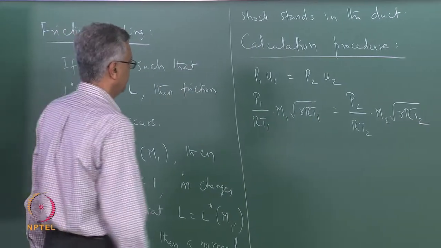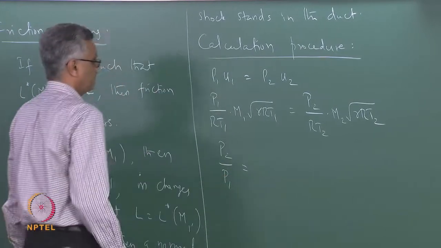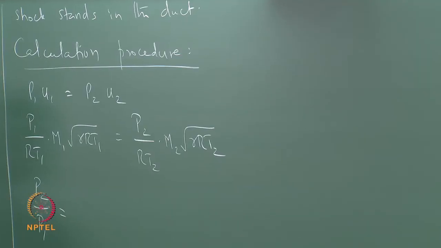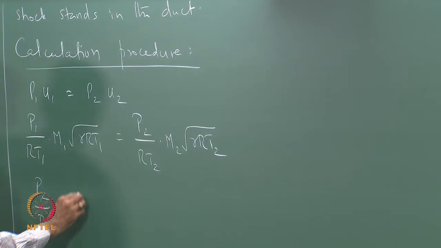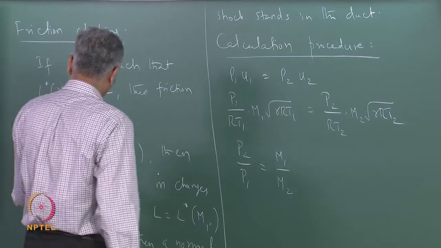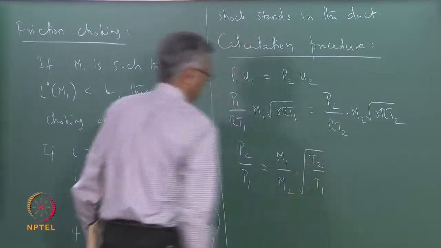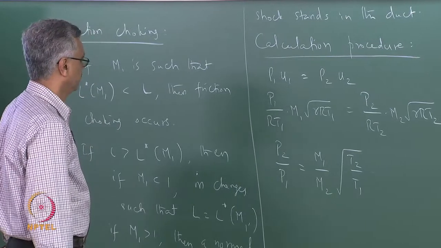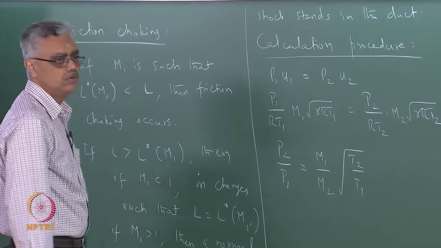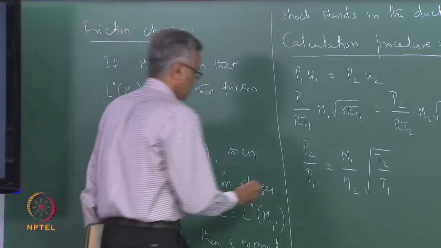and if I rearrange this, I get P2 over P1 is equal to M1 over M2 times square root of T2 over T1. Now, in this particular flow there is no heat addition, so stagnation temperature remains constant.